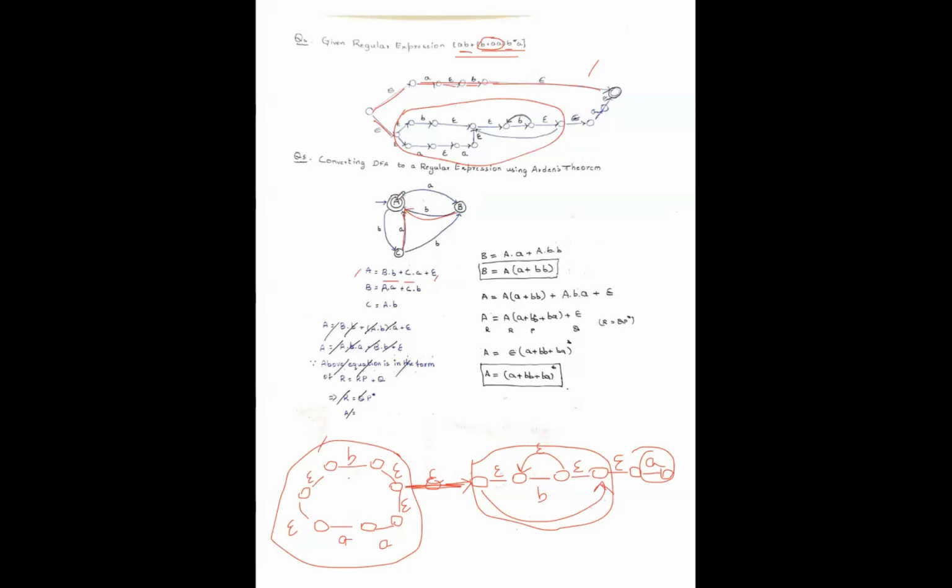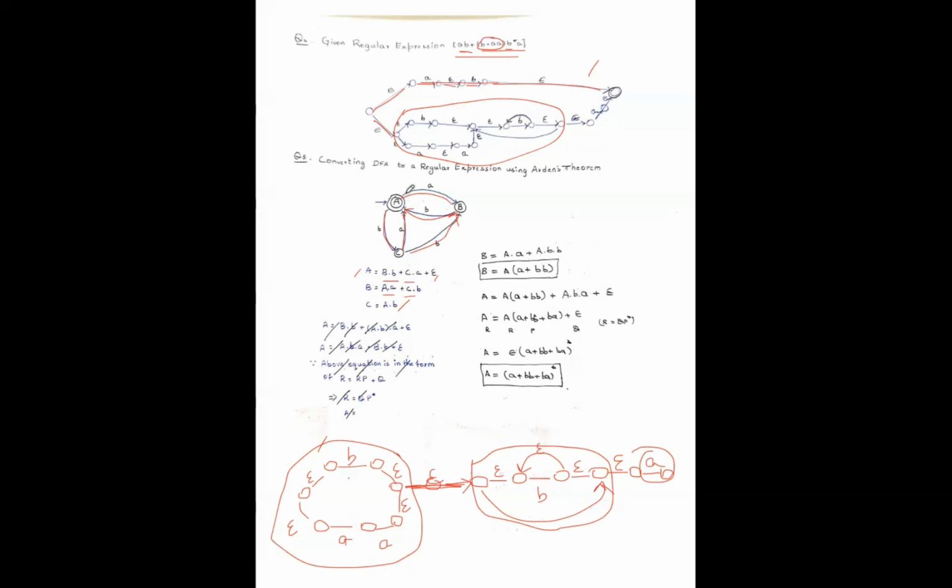Then B having incoming edge from A on input symbol A, so it is A dot A. And it is receiving input symbol B from state C. So this is C dot B. Then C, it is having incoming edge from A on input symbol B. So that is A dot B.